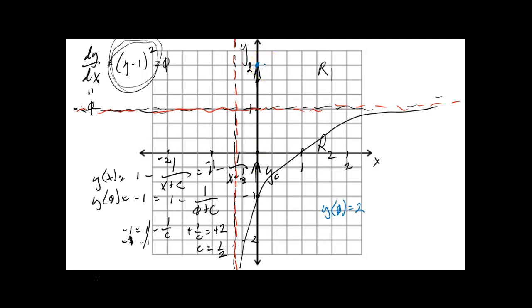There's your initial condition. Now we go back to our equation again, and this is equal to 1 minus 1 over x plus c.